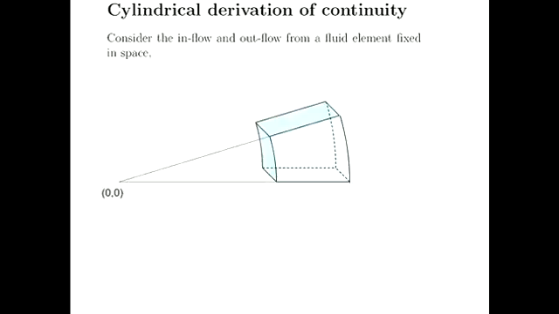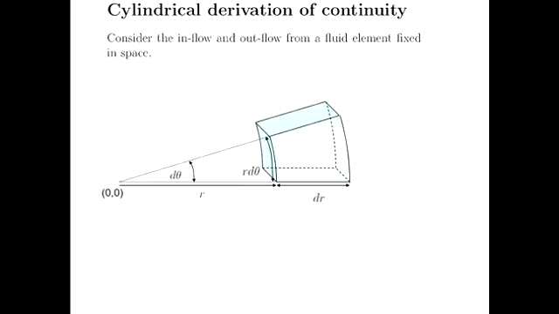So we've got this element of fluid. It's located a distance r from the origin. It's a very small element of fluid. So I'm going to call that arc length d theta to show that it's just a very small arc length. And I'm going to call the length of that element dr. Now, the only complication here is that these two sides of the control volume are going to be different under this axis system, okay?